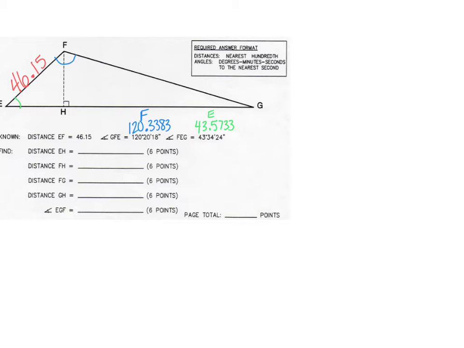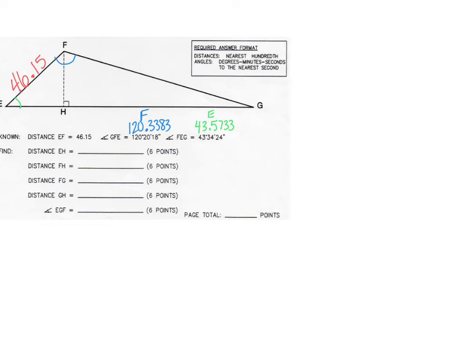Now, what I have done on this, I went ahead and marked what was given to me. This 46.15 was given. And then this angle here is the full angle F. Notice how it's GFE. They have it in degrees, minutes, seconds. I've converted that into a decimal value, and then I stored it in my calculator as F. Anytime I want to use that number, I'm going to do alpha F to get that number.